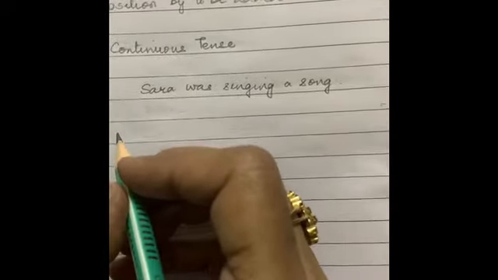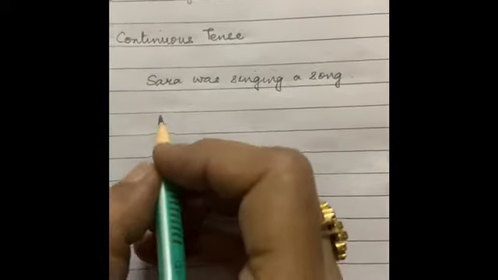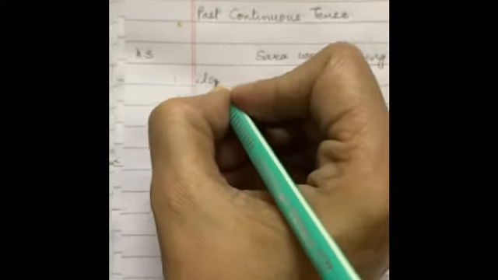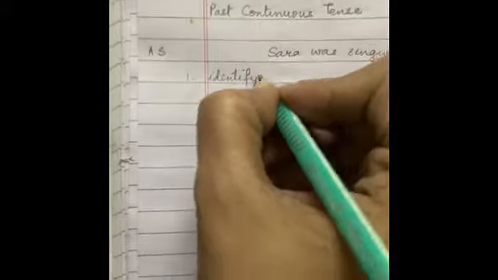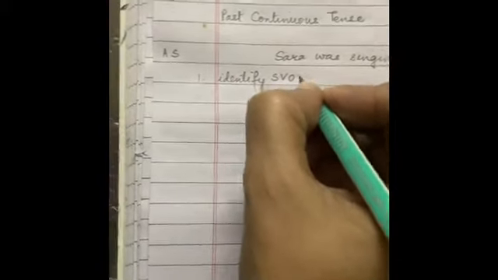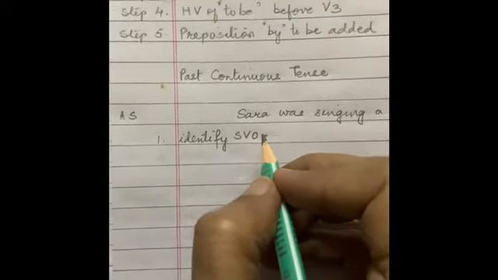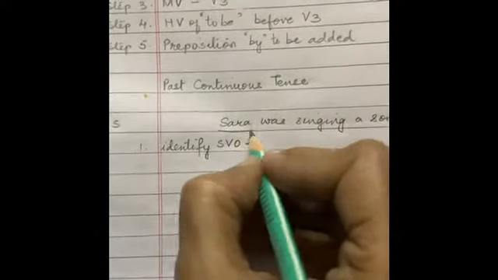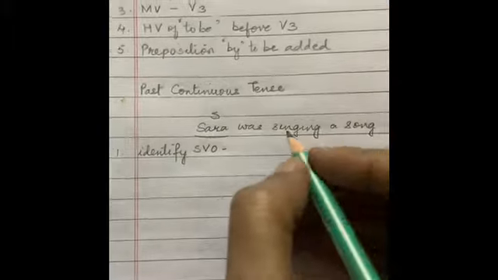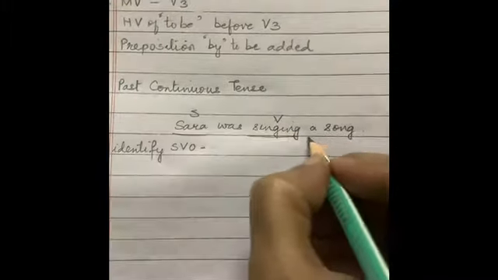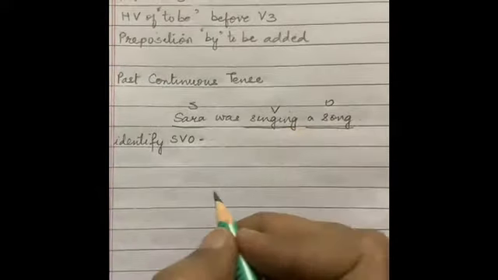Now, for passive voice, let's identify the SVO. Step number 1, SVO. Subject, verb, object. So here Sarah is the subject, singing is the verb and a song is the object.